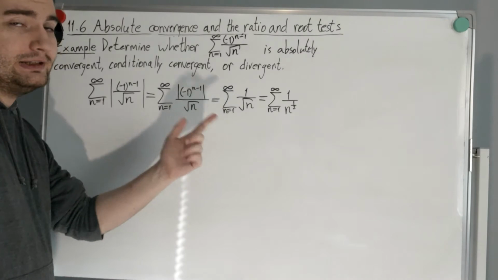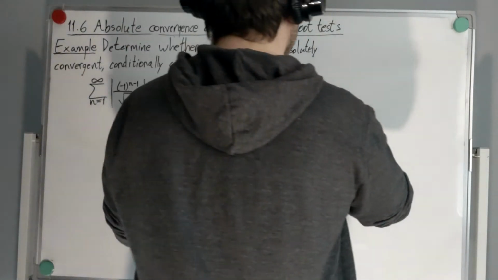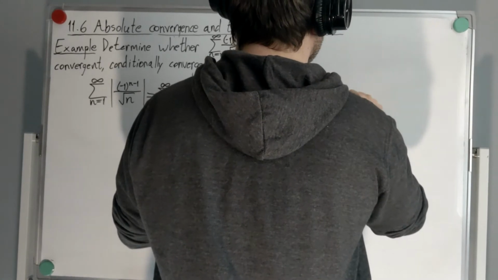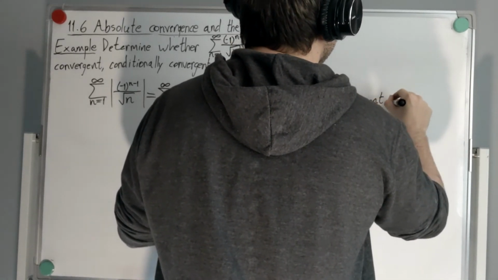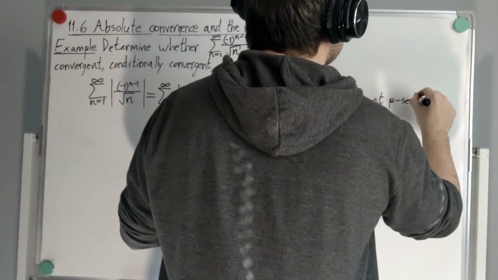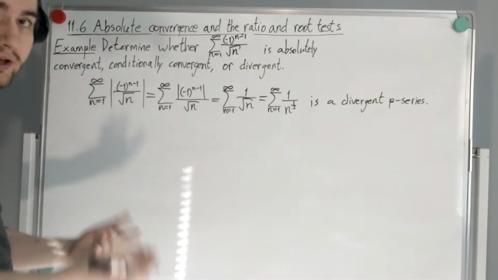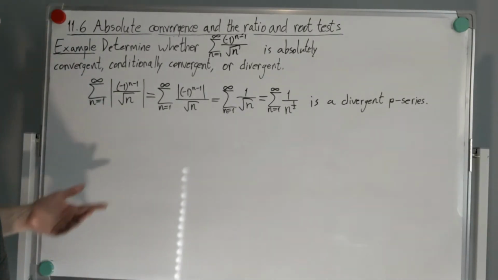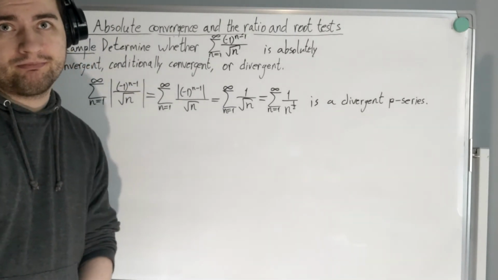Now that is a divergent p-series. Okay? So this is a divergent p-series. What that means is that this thing is not absolutely convergent.